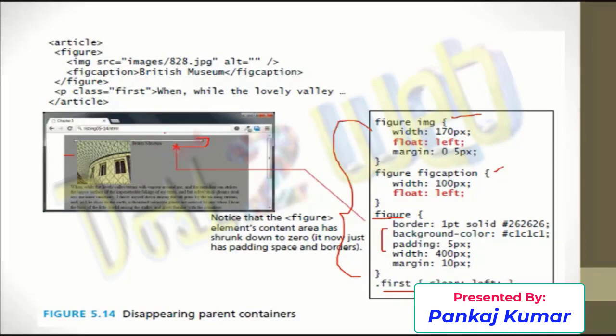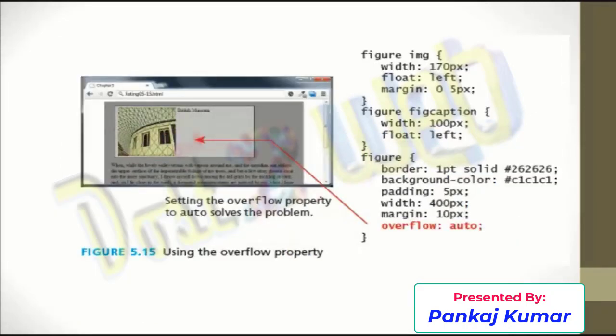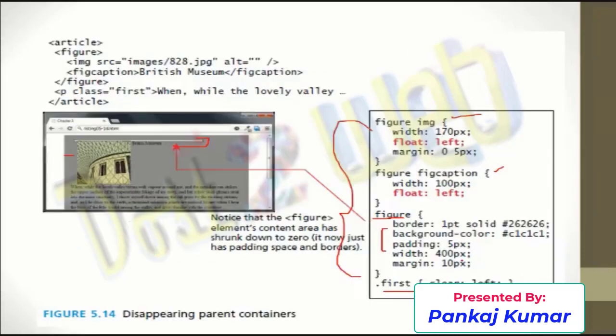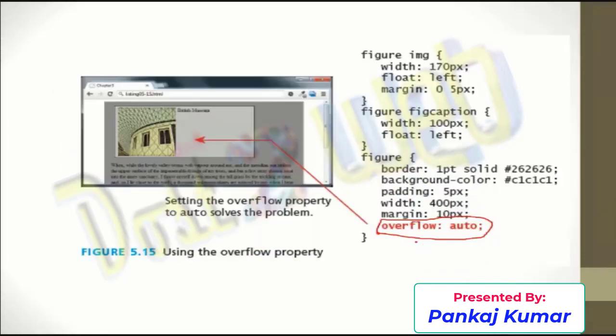That is the problem. So how to resolve this? To resolve this, you have to use the overflow property on the figure. Right? You can see here I have not used any overflow property. The moment you use the overflow property, now you can see clearly that the container block contains everything with the background color, it is appearing. This is the benefit, and this is how you can solve the problem when the container element is behaving this way.